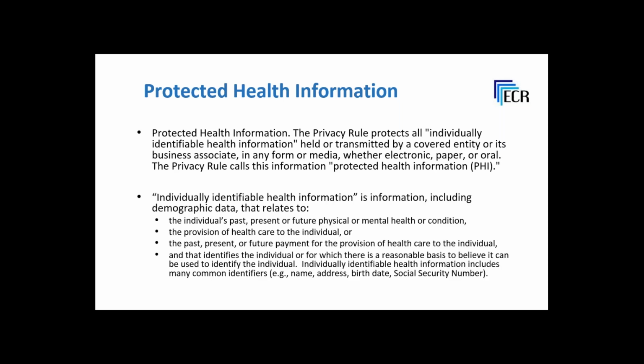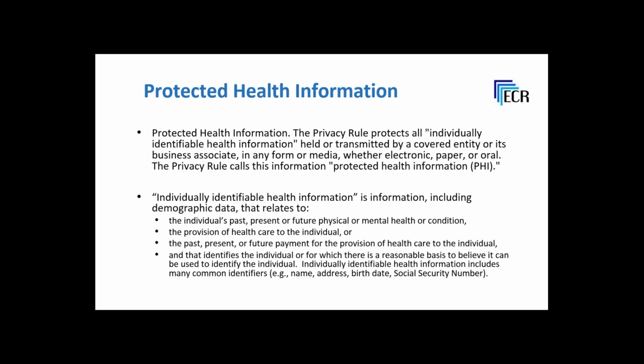And individually identifiable health information is information including demographic data that relates to the individual's past, present, or future physical or mental health or condition, the provision of health care to the individual, or the past, present, or future payment for the provision of health care to the individual.